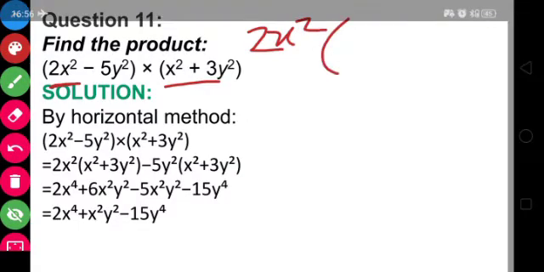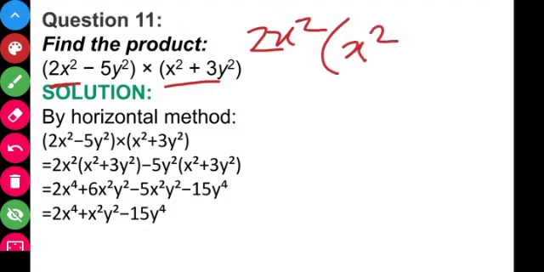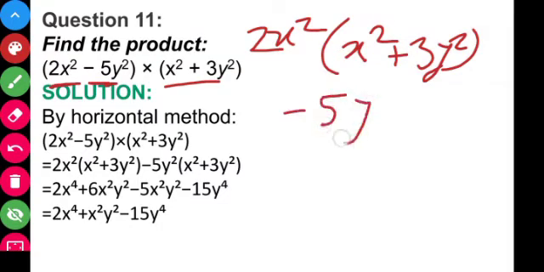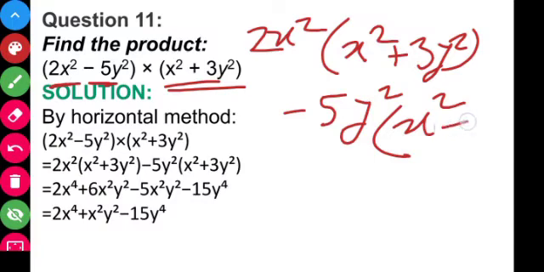Now again, to multiply this, look here. First you multiply the first term, 2x square, into x square plus 3y square. Then minus 5y square is given, so put minus 5y square into x square plus 3y square.